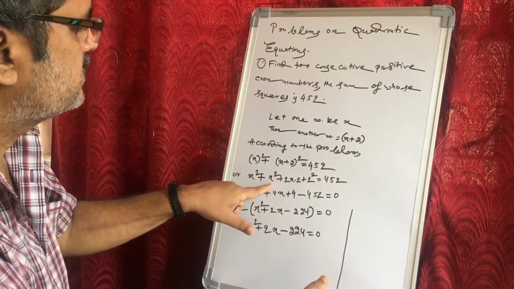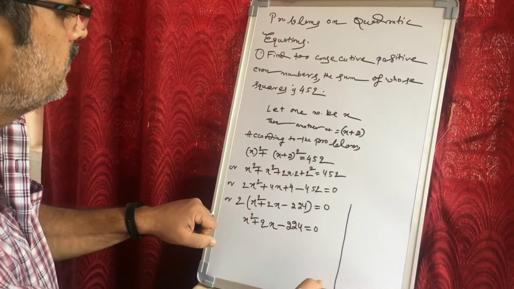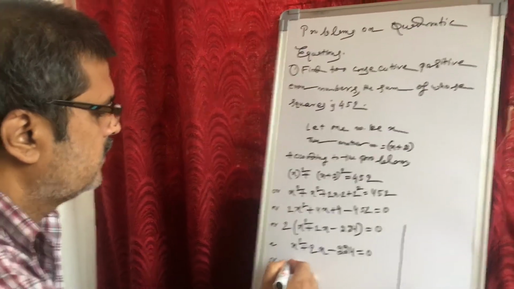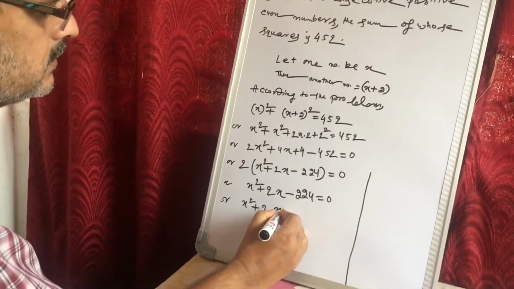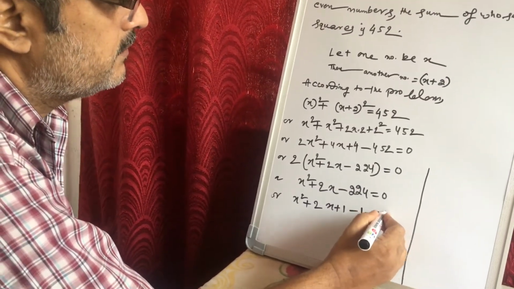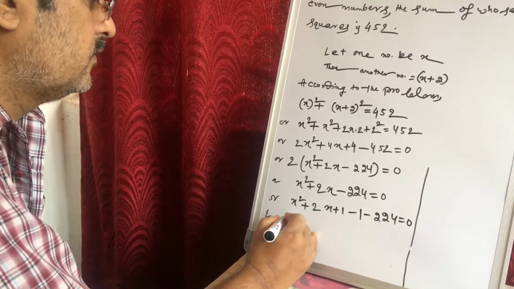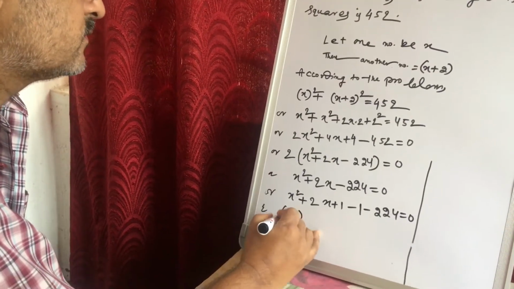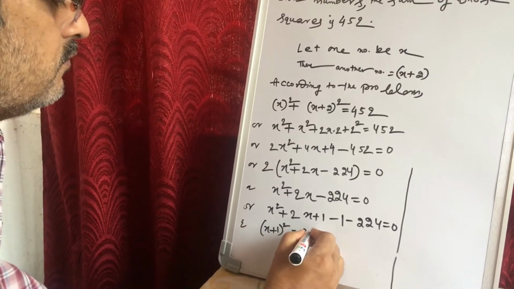x square plus 4x plus 2 whole square is equal to 452. So x square plus 2x plus 1 minus 1 minus 224 is equal to 0. Now x plus 1 whole square is equal to 225.